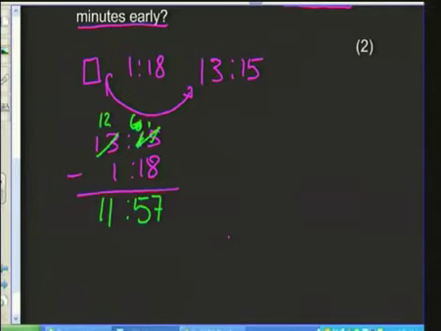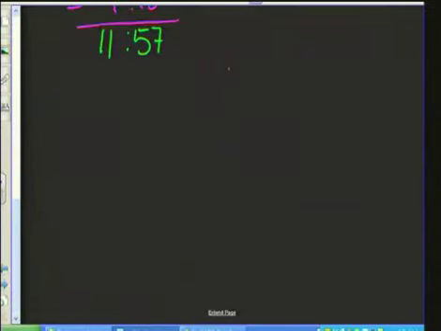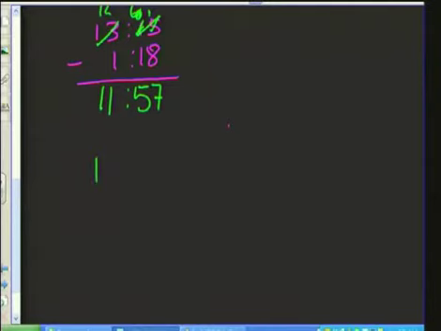Let's do it a different way, because I think that might be quite confusing. If we look at our 13:15, we minus our 15 minutes. So that takes us to 1 o'clock. All I've minused is 15 minutes. I need to minus another 3 minutes. So that's going to take me to 12:57.